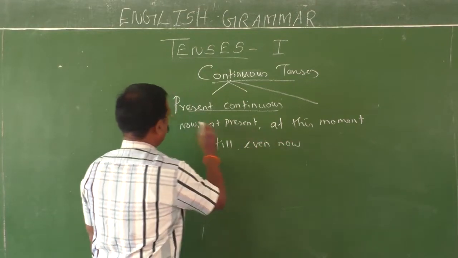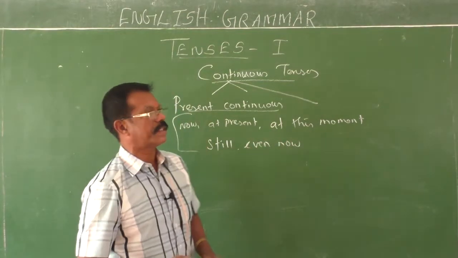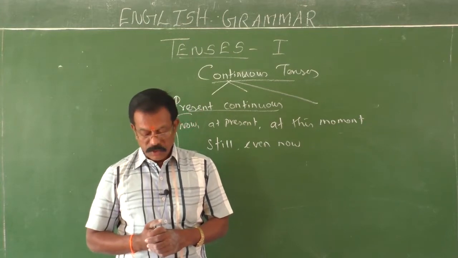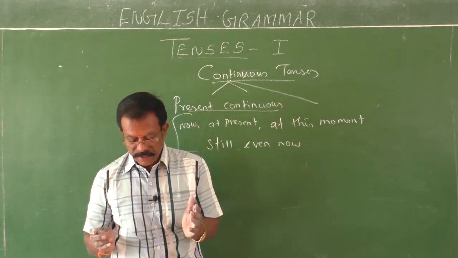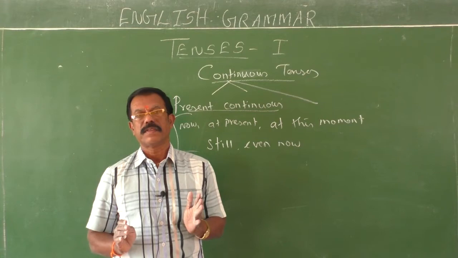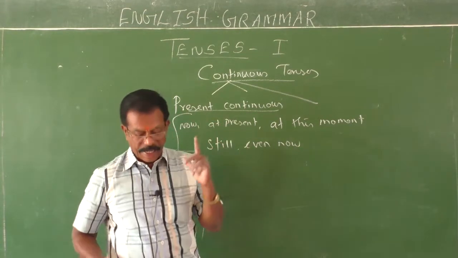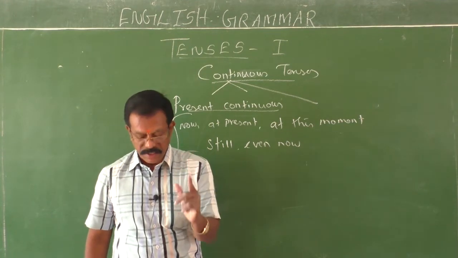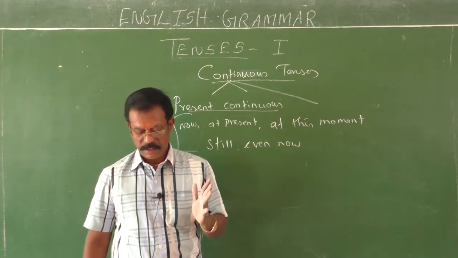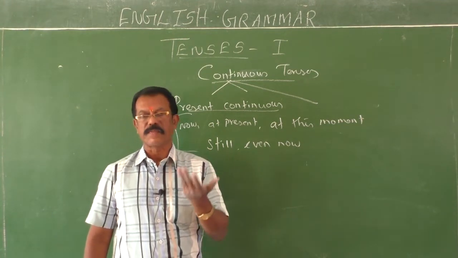We can use all these keywords to refer to a present continuous action. So what is present continuous? Actions that are happening now. We use this present continuous tense to refer to an action or actions that are happening now.